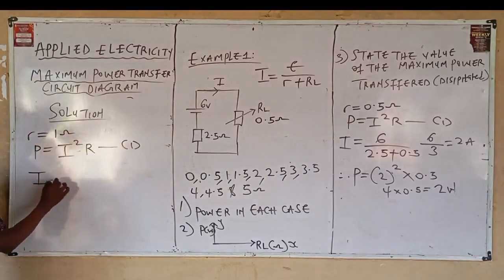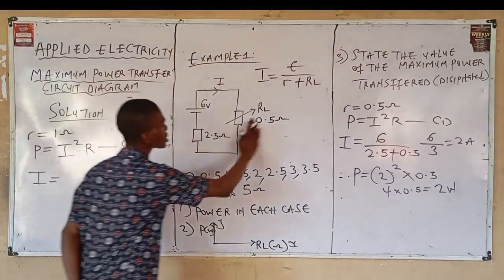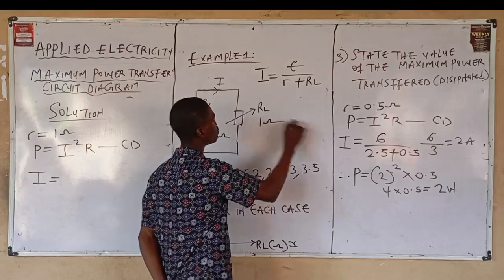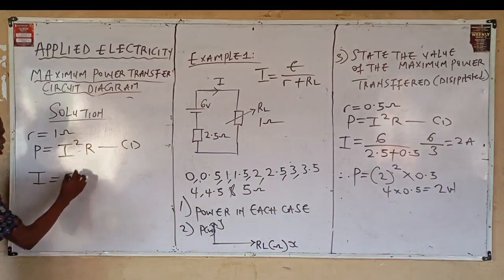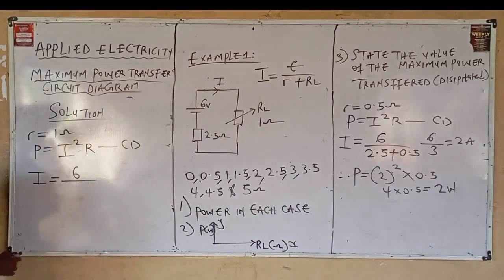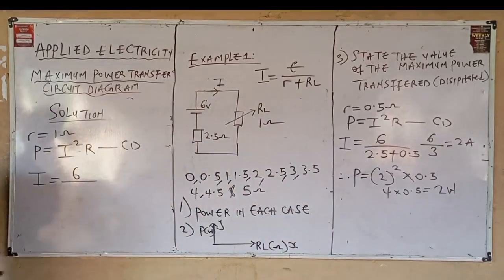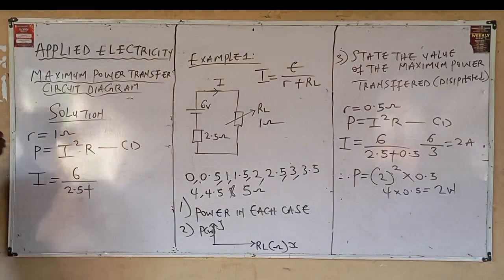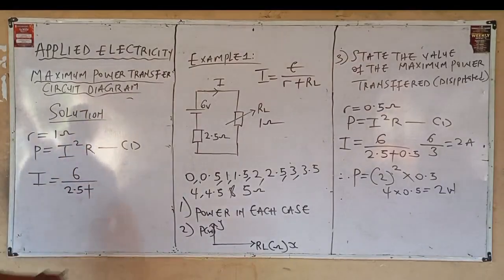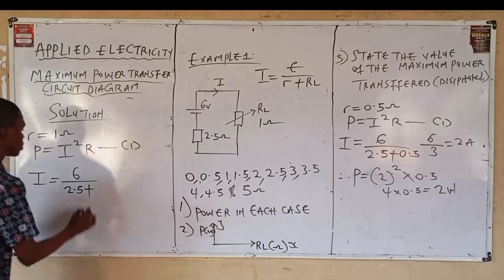I is equal to 6 all divided by your internal resistance, 2.5, plus your load resistor, 1.